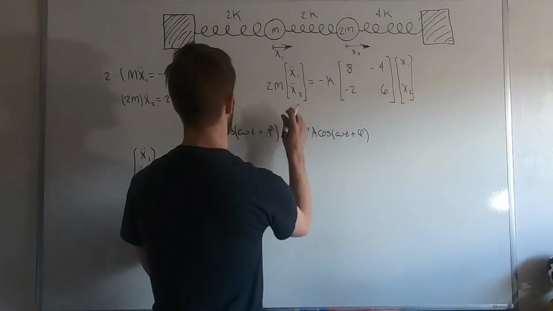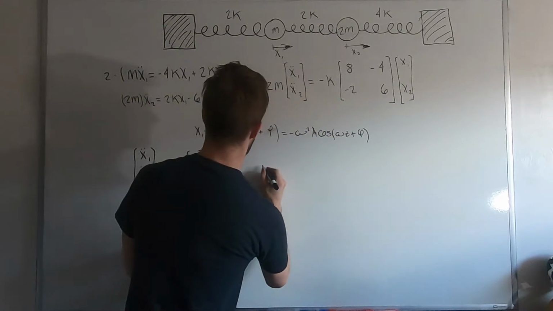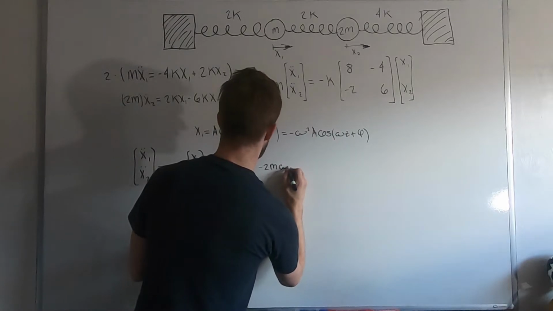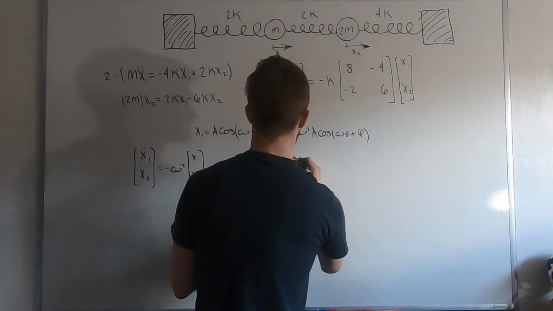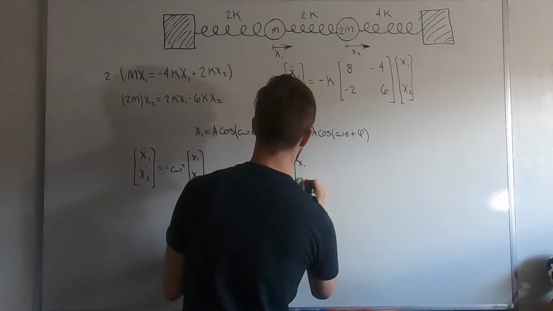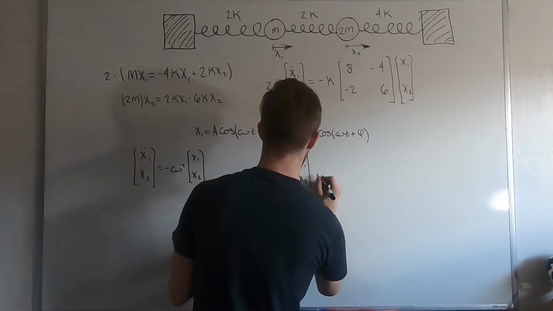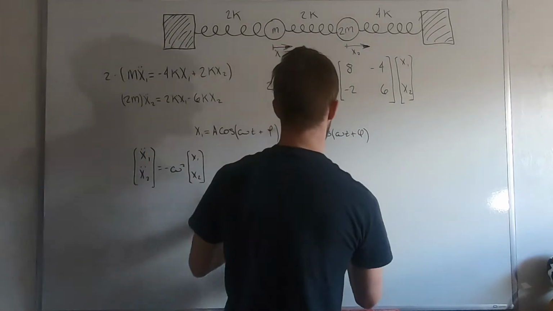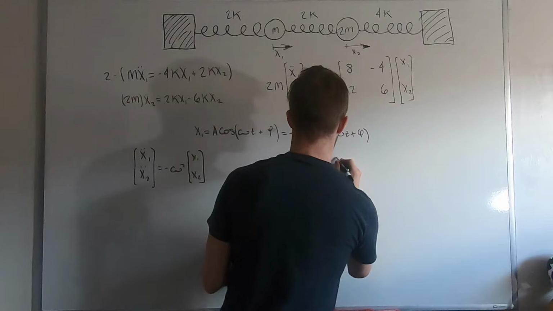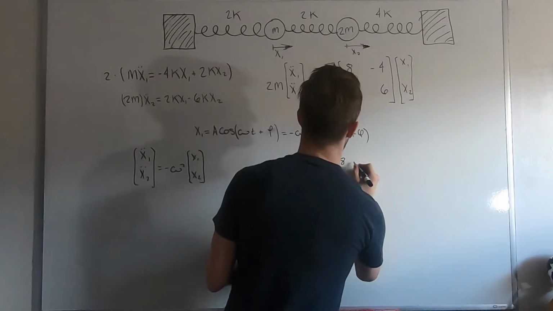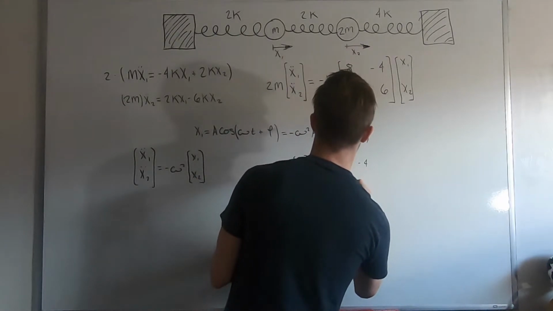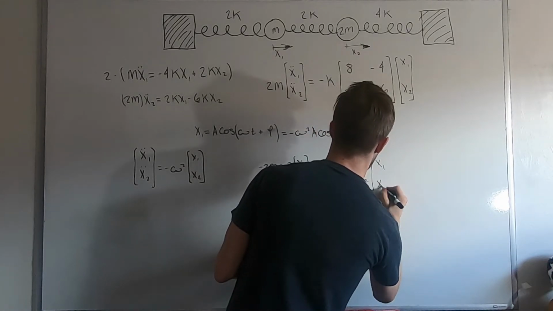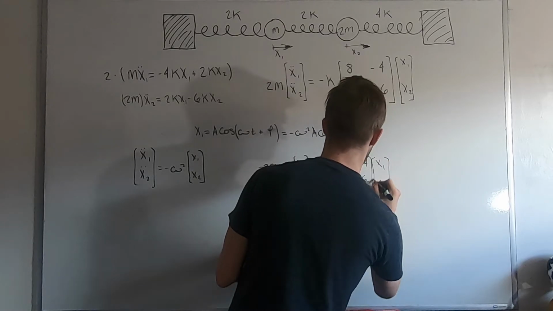So after I substitute this in here, we're going to have minus 2m omega squared times, now we just have x1, x2. All right, and that is going to be equal to, as before, just minus k, 8, negative 4, negative 2, and 6, which gives us x1, x2 for our column vector.